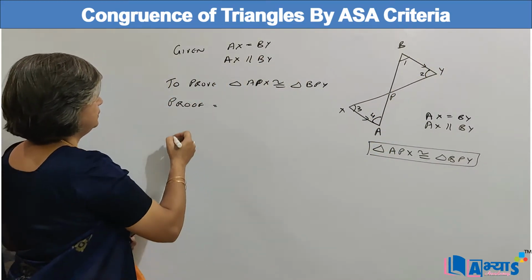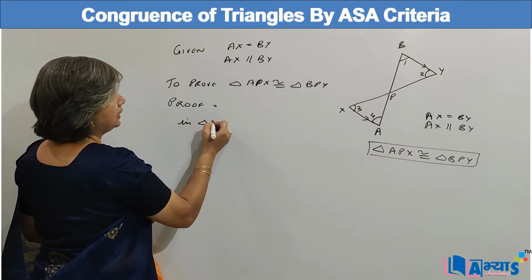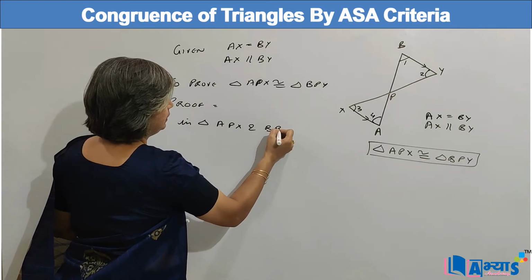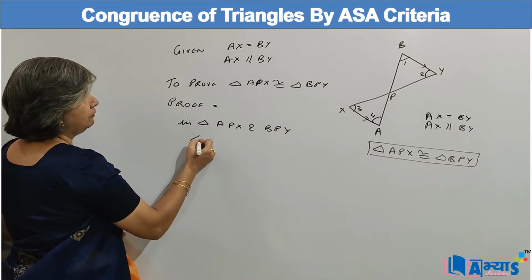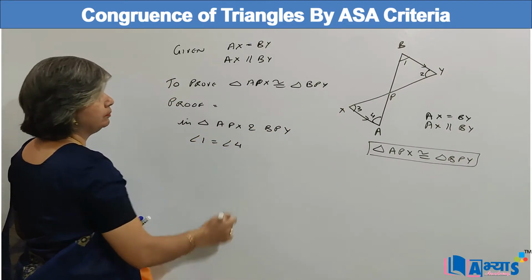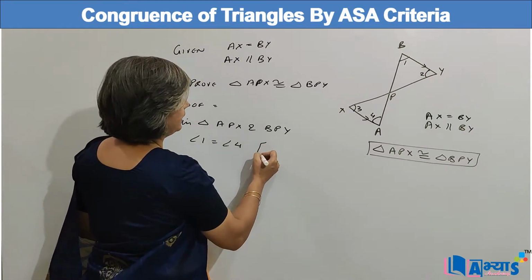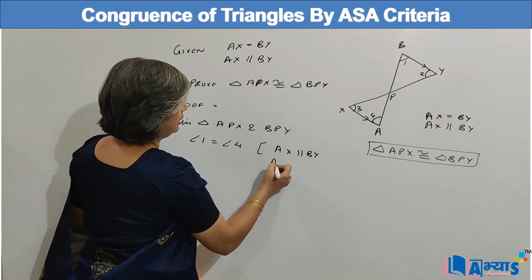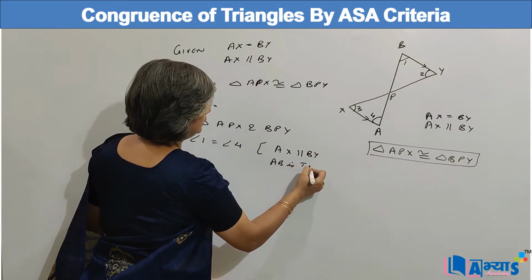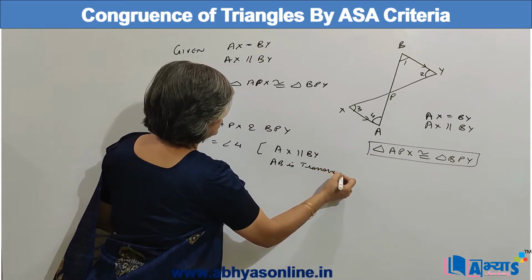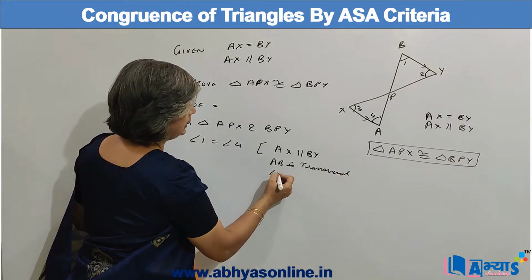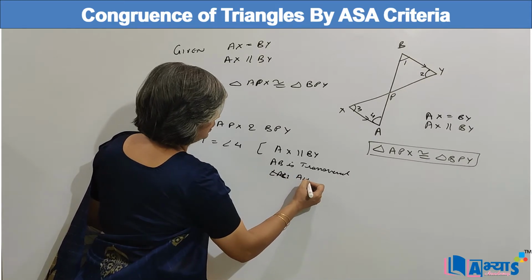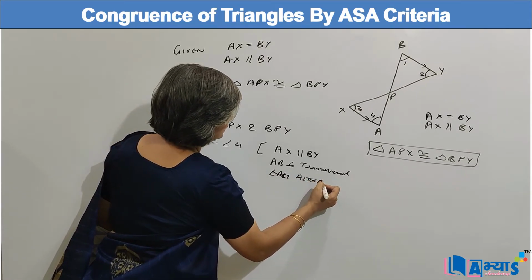So in triangle APX and BPY, angle 1 is equal to angle 4 because AX is parallel to BY and AB is the transversal, and they are alternate interior angles.